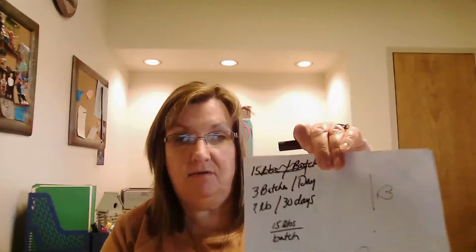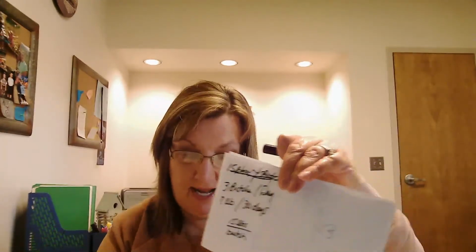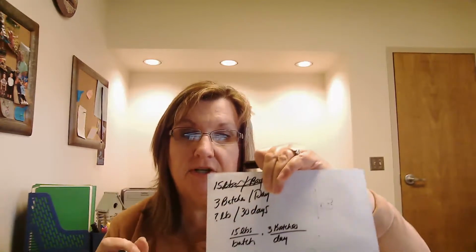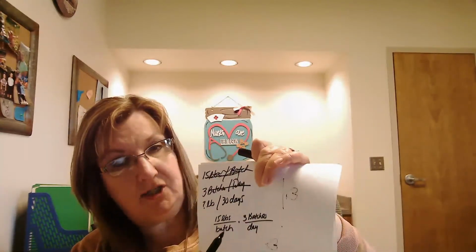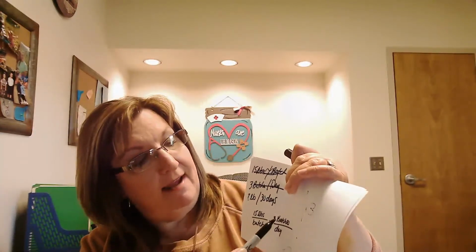We see 3 batches per day. So we would set it up 3 batches per day. Do you see that? We've used our 15 pounds per batch, and now we have 3 batches per day.